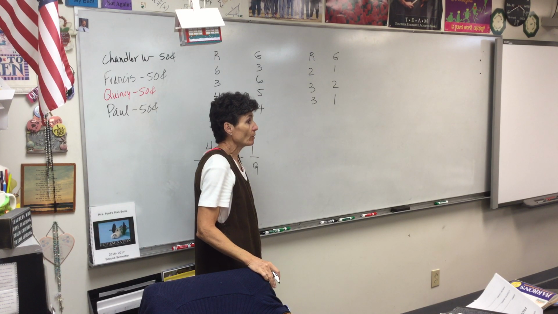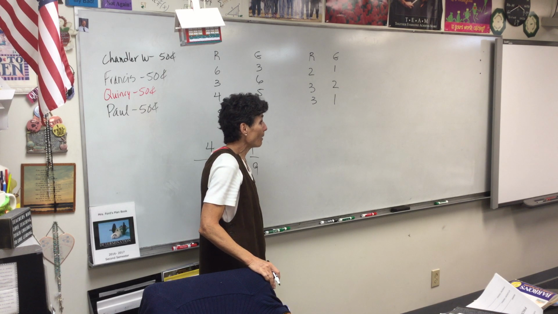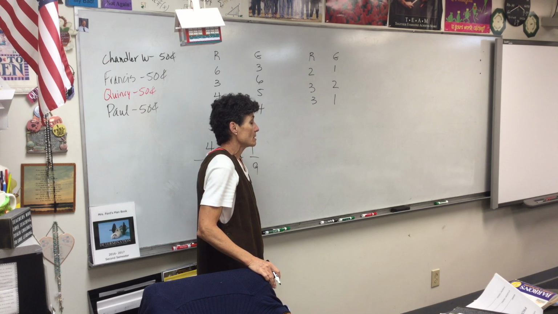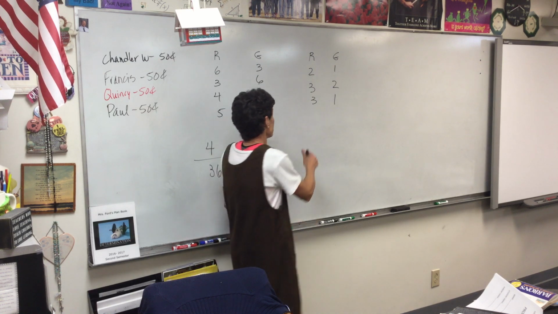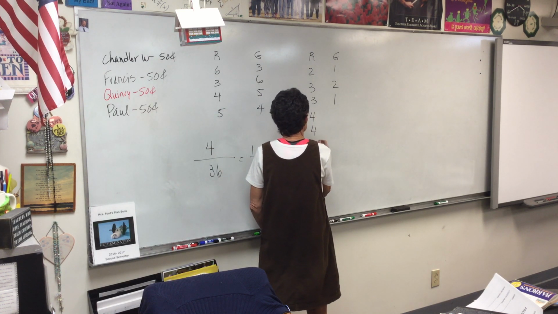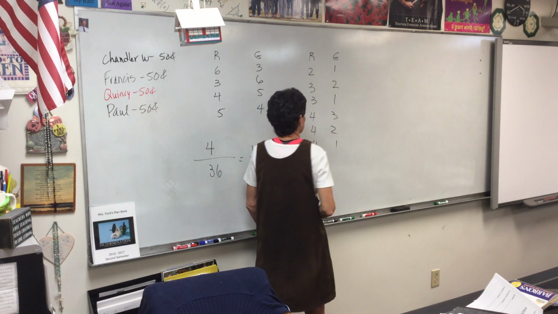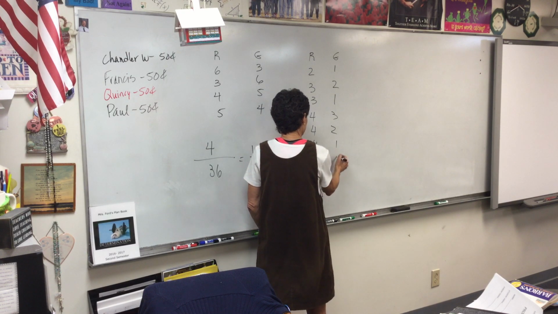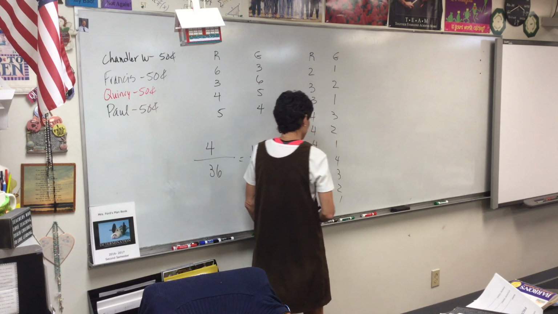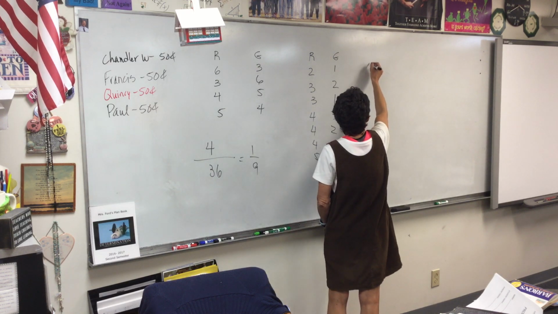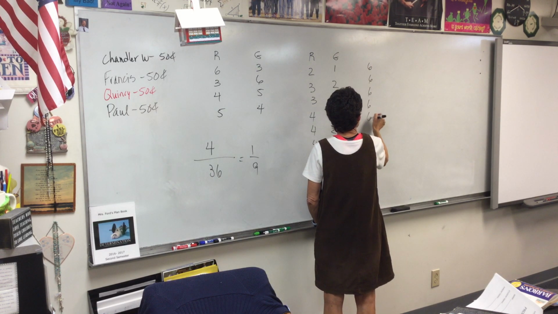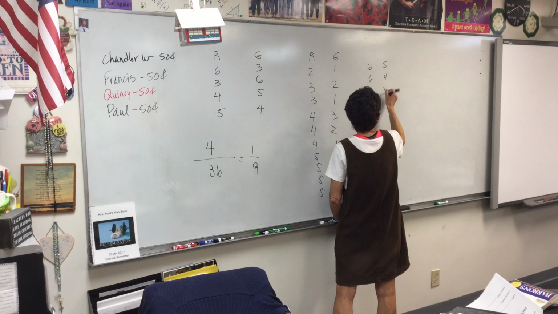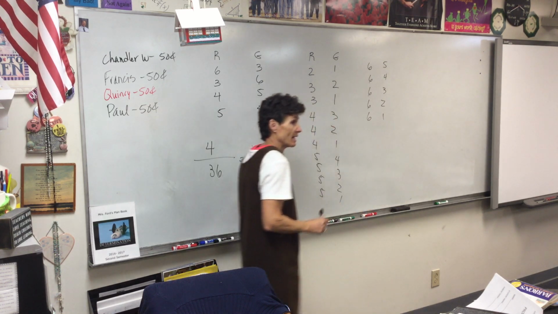Right? So I'm going through and I'm trying to figure out all the options where red's bigger than green. So if red were 4, I could have a 3, 2, or 1 on green. If red were 5, I could have a 4, 3, 2, 1 on green. And if red happened to be 6, I could have 5, 4, 3, 2, 1 on green. Would you agree with that?